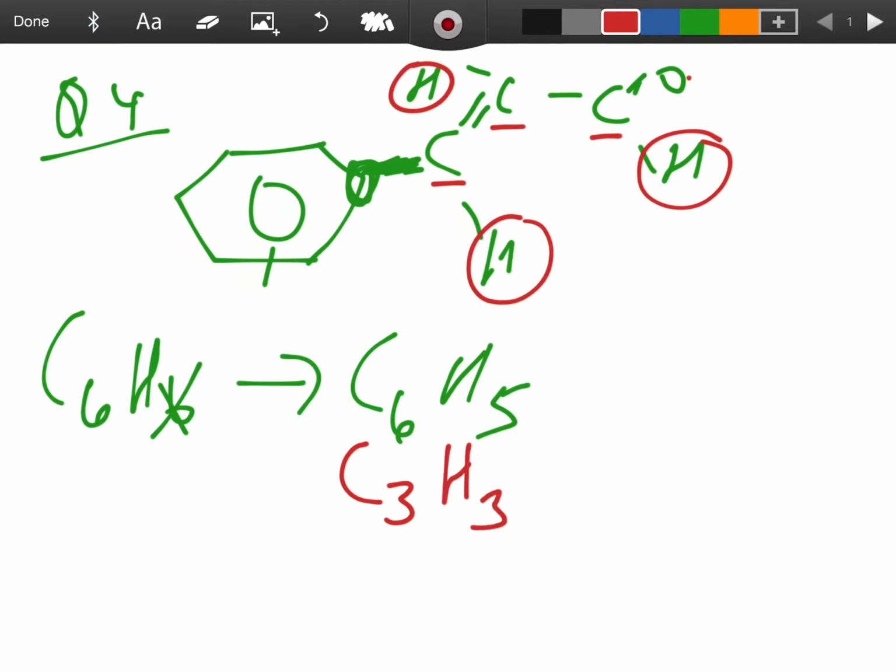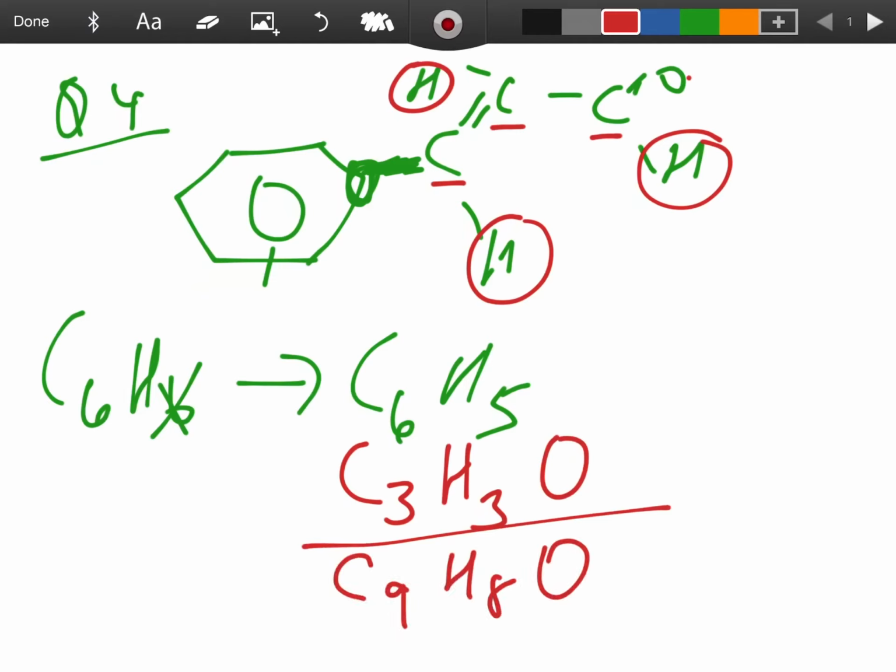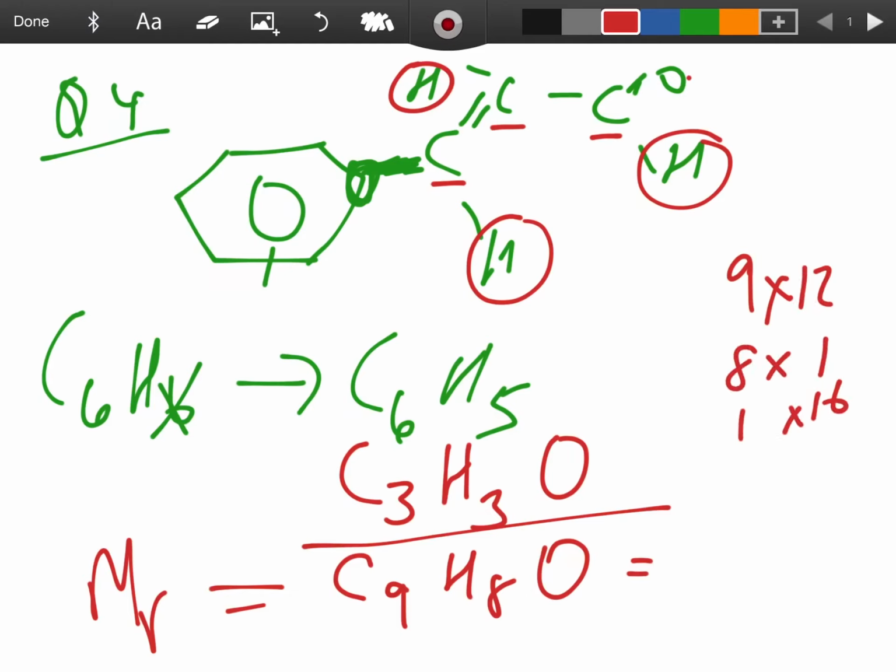And I also have an oxygen. All right, so I have another oxygen. So when you add that up, then it's C9H8O. And when you work out the MR of C9H8O, so add it up and show the workings out. So you'd have 9 by 12, you'd have 8 by 1, and you just have the 16. So when you do all of that, you get 132 grams.